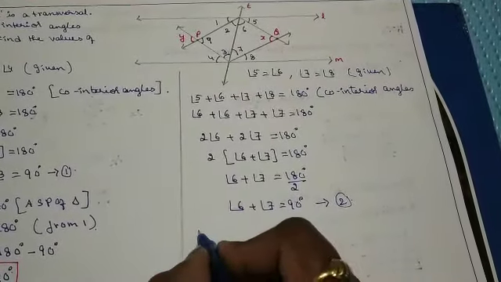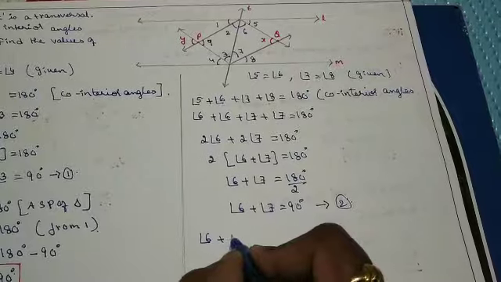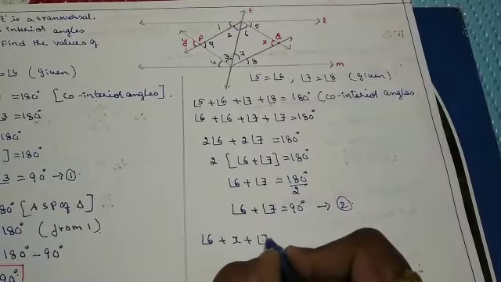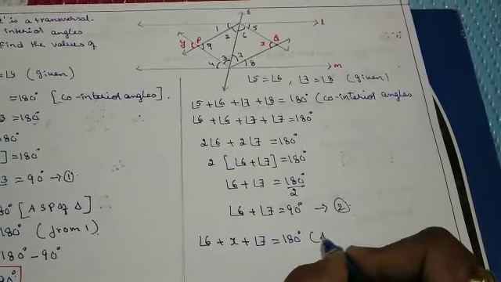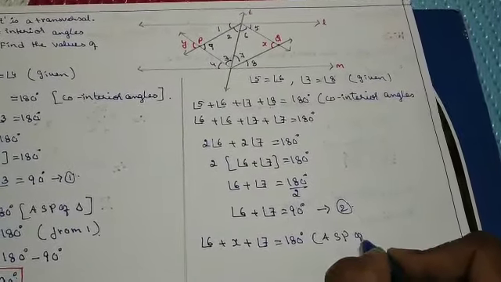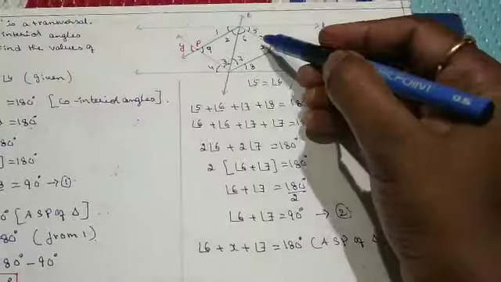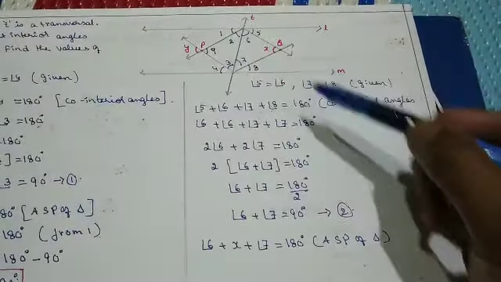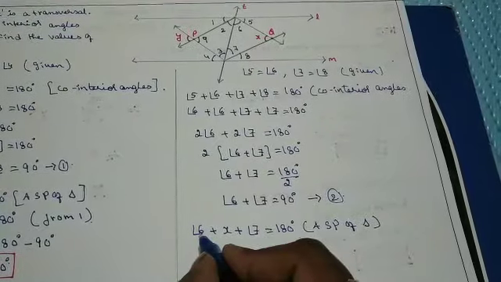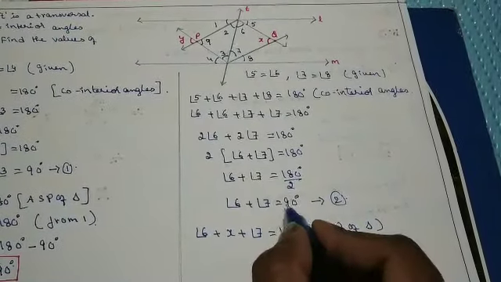Now angle 6 plus x plus angle 7 equal to 180 degree. Reason: ASP of triangle, that is angle sum property of triangle. These angles stand within a triangle, so I have used ASP of triangle. Then angle 6 plus angle 7 is nothing but 90 degree.